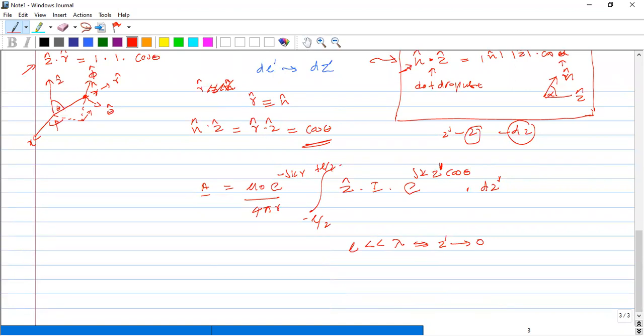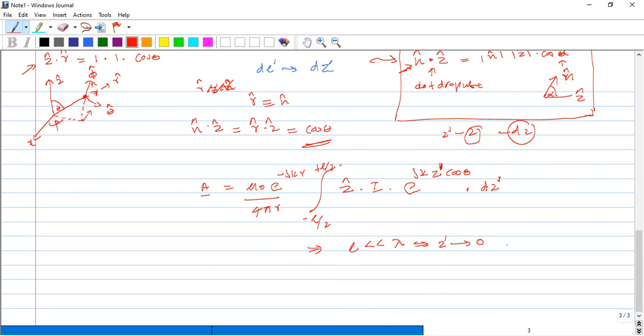Because this z dash is also very small, L is very small means z dash is limiting to 0. This is also an assumption.